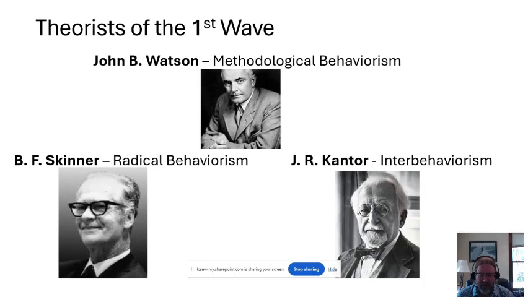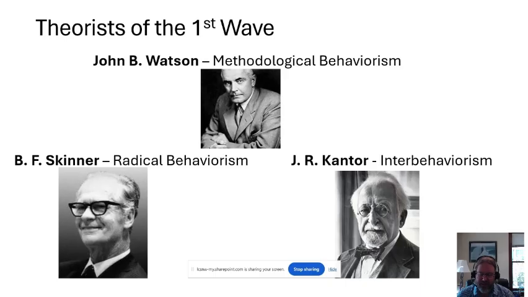J.R. Cantor's interbehaviorism is coming back. There's a lot of folks interested in that as an alternative or a complement to the Skinnerian work that is already in CBS quite a lot. So I wanted to highlight J.R. Cantor as somebody that you might see. Watson is the person that we're going to leave behind. And then B.F. Skinner is someone that is going to stick around and really have a strong influence on CBS.